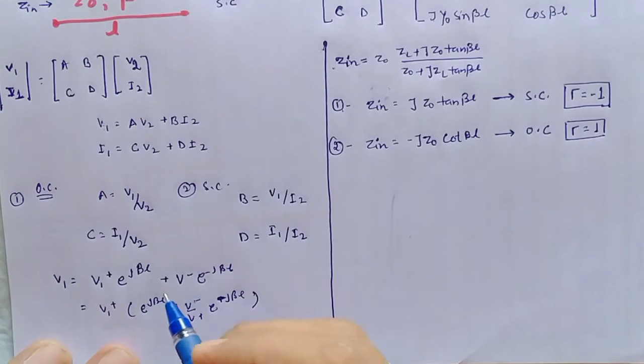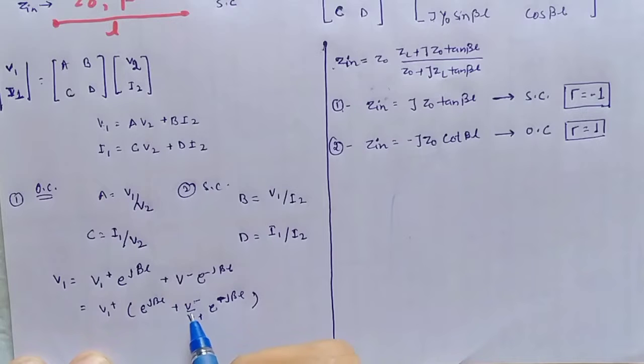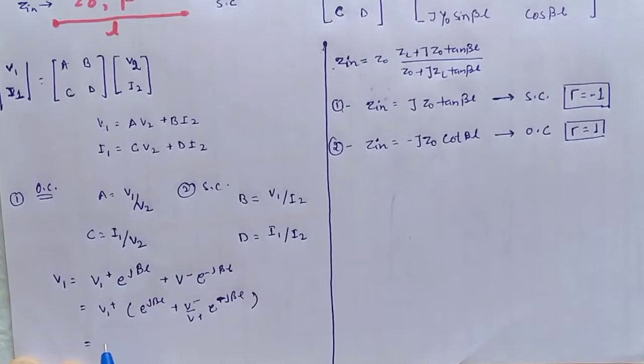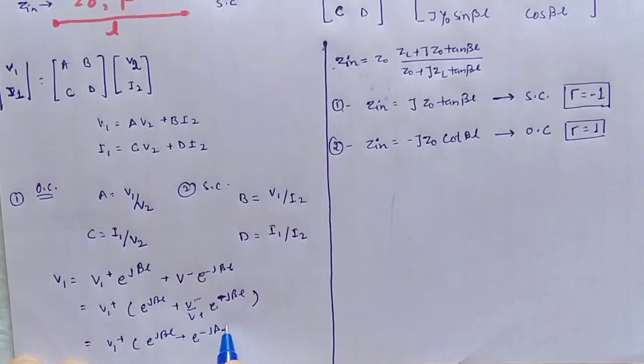As we can see, if I apply the open circuit condition, for open circuit gamma will be plus 1. So I can write V1 plus times (e to the power j beta L plus e to the power minus j beta L).